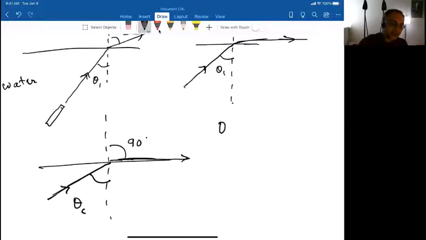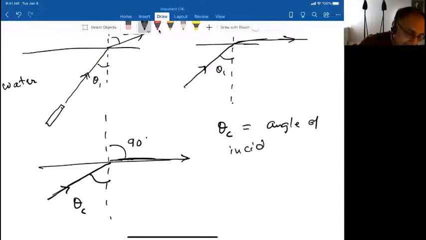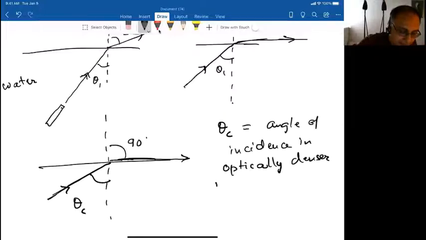So θ critical is the angle of incidence in the optically denser medium. When I say denser, I really mean optically denser, meaning large n, such that the angle of refraction, which I'll call θr, is equal to 90 degrees.